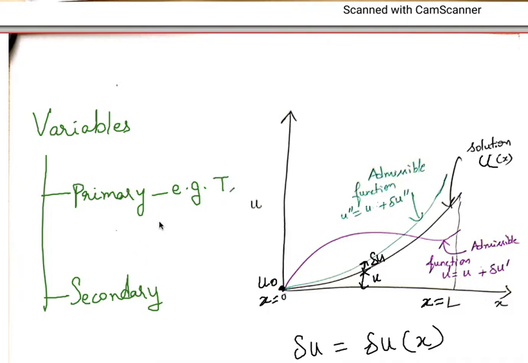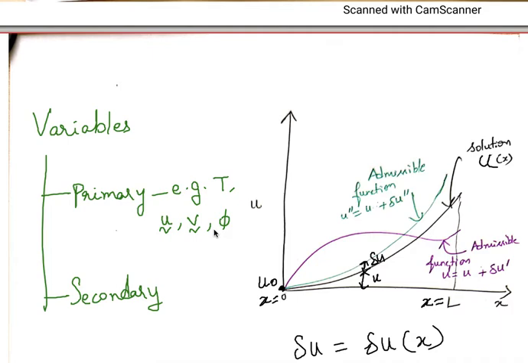In solid mechanics, displacement. In fluid mechanics, velocity. In electrostatics, the electrostatic potential.